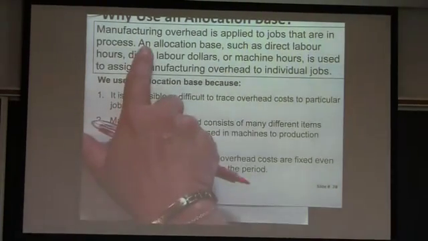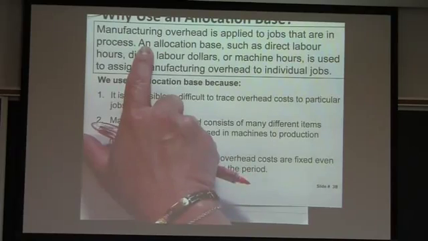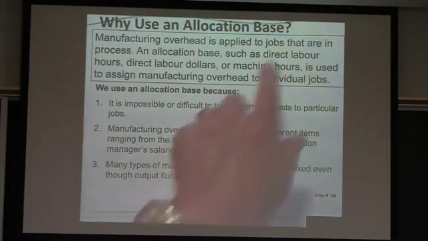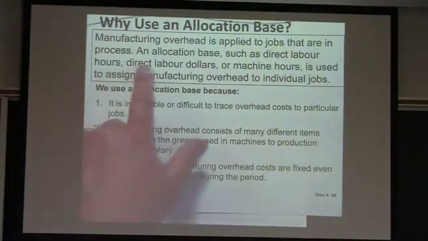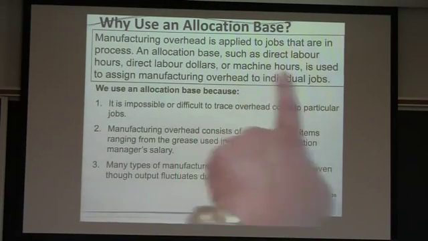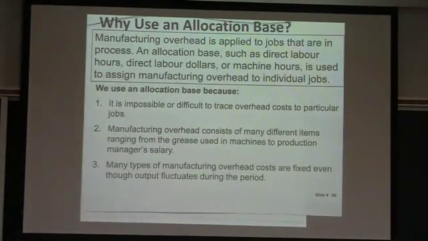So here, the allocation base, in our example for ABC, was based on percentage of labor costs. But it could be direct labor hours. This is the one that we use for ABC. It could be machine hours. And it's used to assign the manufacturing overheads to individual jobs. And here you'll see that it is impossible or difficult to trace overhead to a particular job.